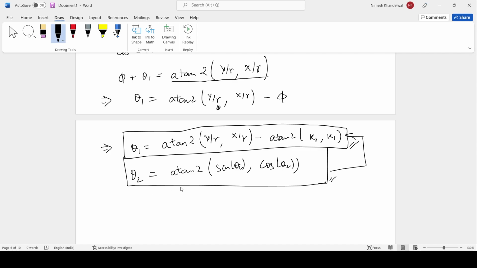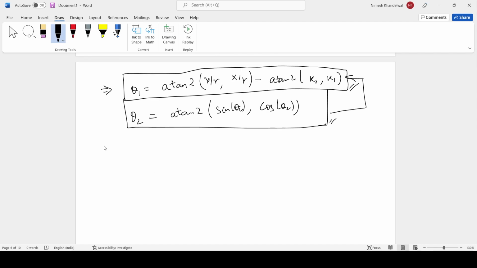So you see, this is the inverse kinematics solution for the 2R manipulator that we have discussed right here.